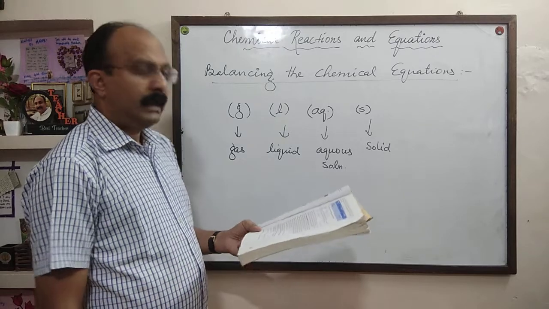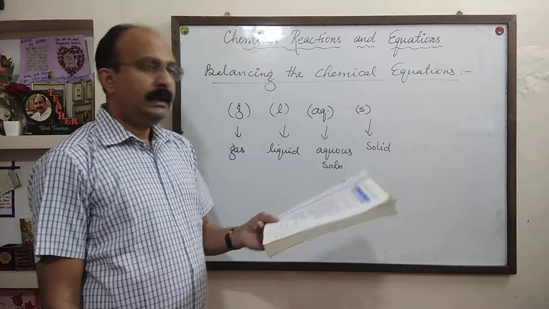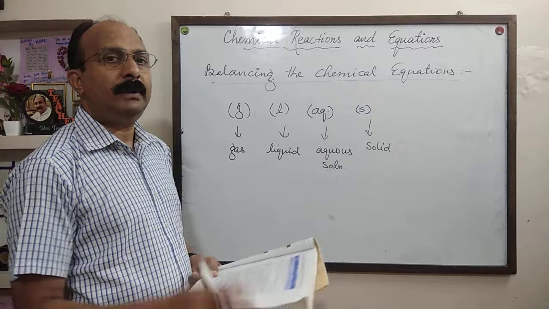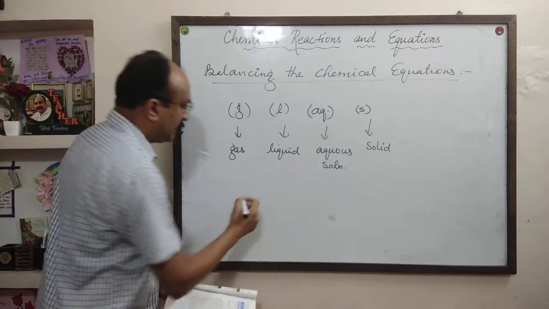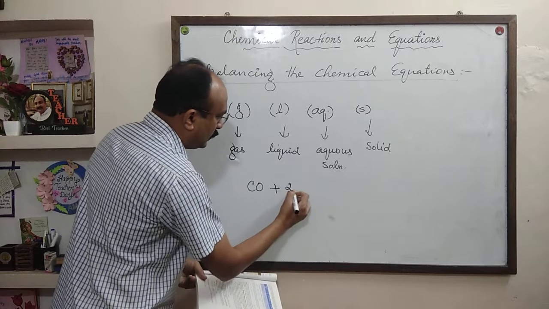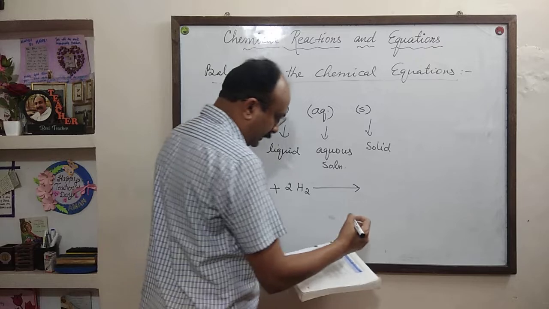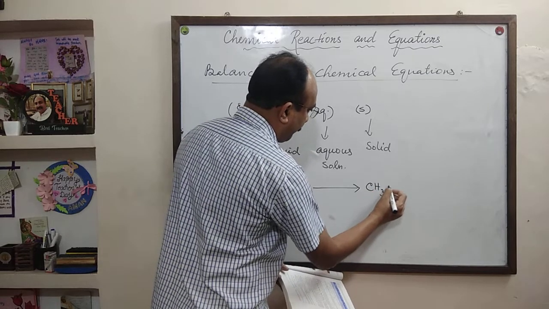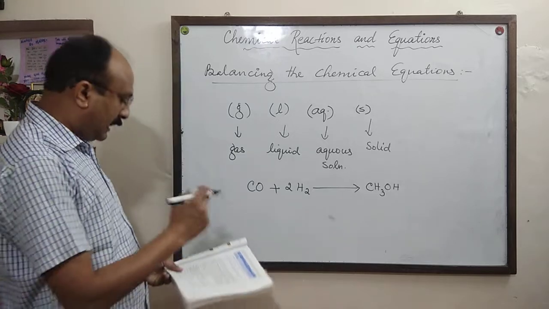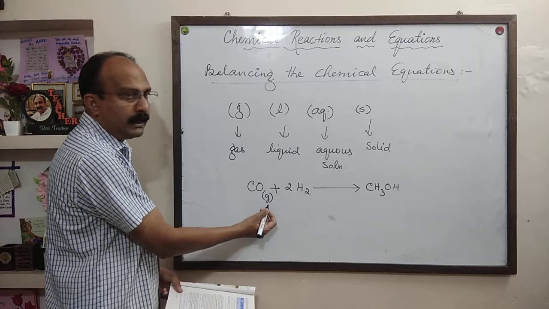Now, extra information will be written about the arrow mark. For example, if there is atmospheric pressure involved in that chemical reaction, that will also be mentioned. For example, CO, carbon monoxide, plus 2H2, hydrogen gas, gives CH3OH, methanol. Carbon monoxide is a gas, so we will write CO with (g) in brackets.